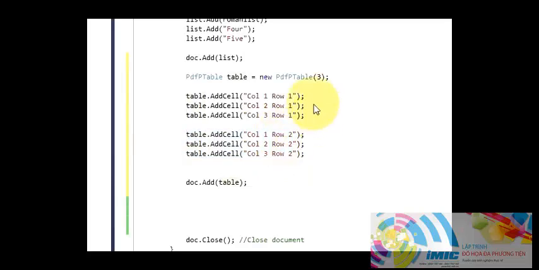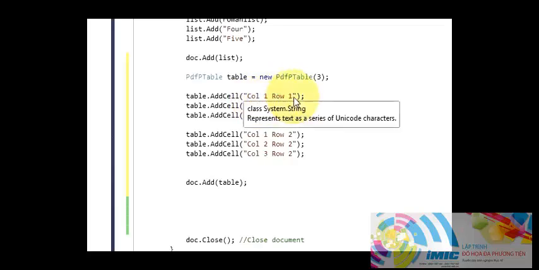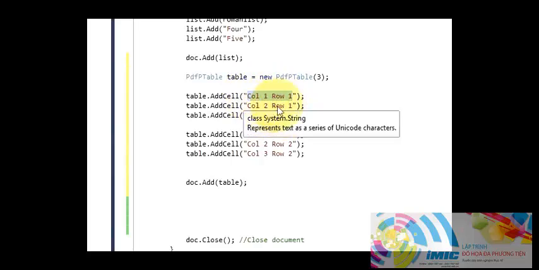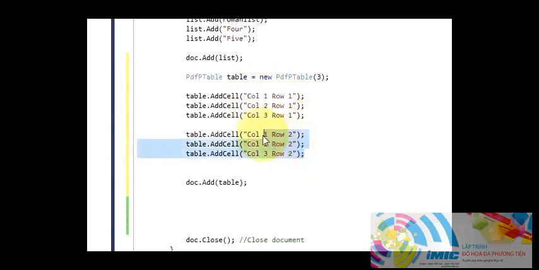Okay, so like that, these 3 cells make a row. So write this table declaration and then table dot AddCell, and whatever content you want to give in your cell, you will write here. So I am just writing cell column 1 row 1, so this will go into column 1 and row 1, and like that just add these lines into your code.